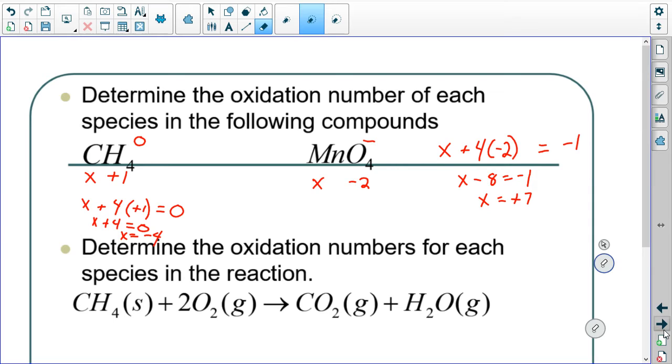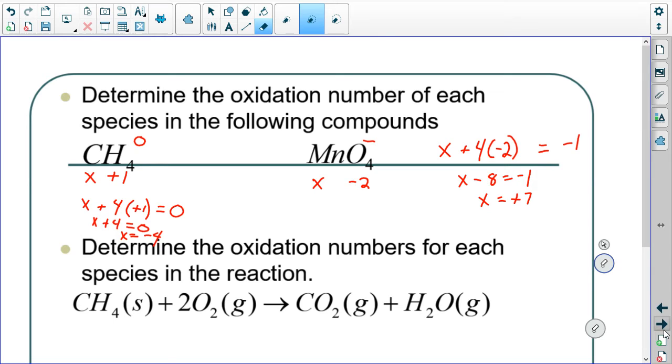So that means that manganese looks like it has lost 7 electrons to the oxygen. Again, this is an apparent, not what actually happens, but it's what we're going to say happens for this number. So the manganese in this situation is +7.